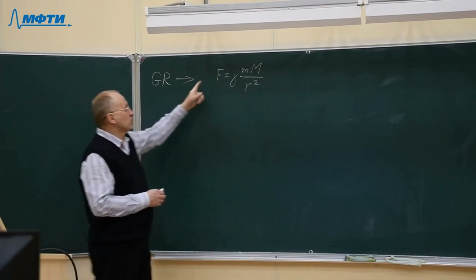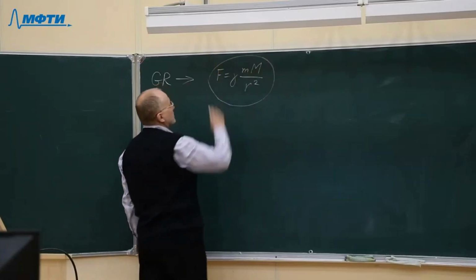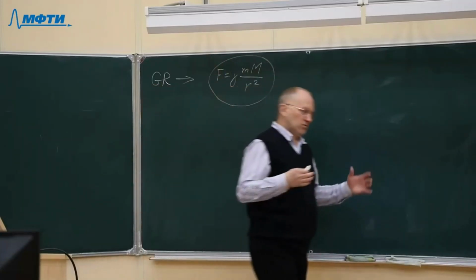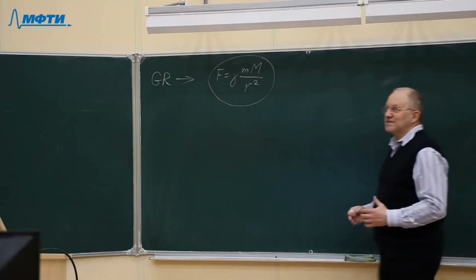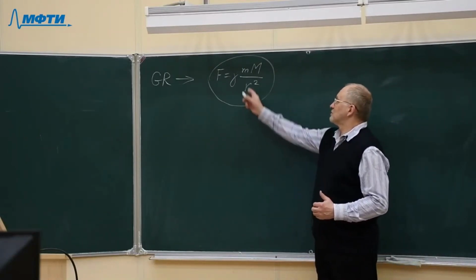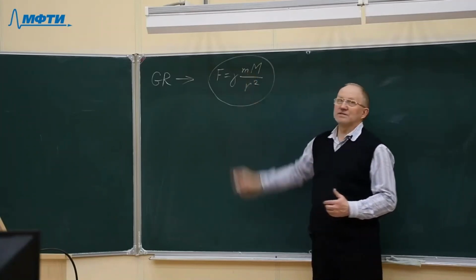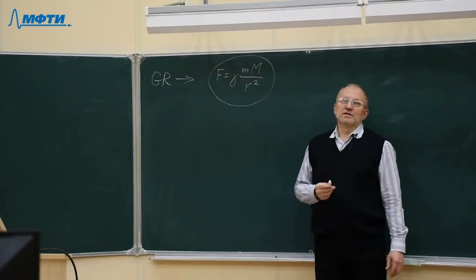So this law is derived theoretically under the assumption that the velocities are small compared to the velocity of light, the velocity of motion of these two bodies are small, and the gravitational field is weak.